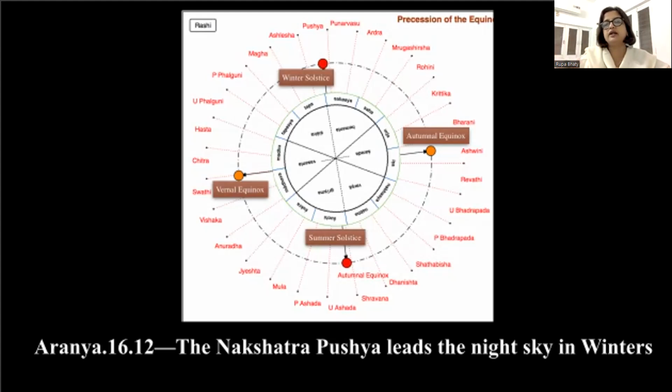With the help of the cardinal points, when the Chitra is appearing with the full moon, that is the time we have Chaitra month. Likewise, when Pushya was setting with the sun, that means it is now pulling the night up. This was happening very near the winter solstice point.